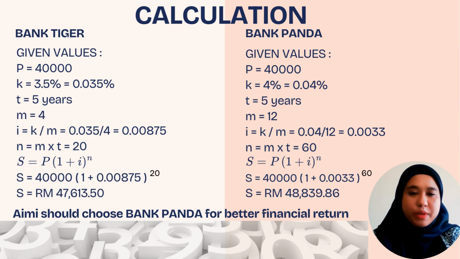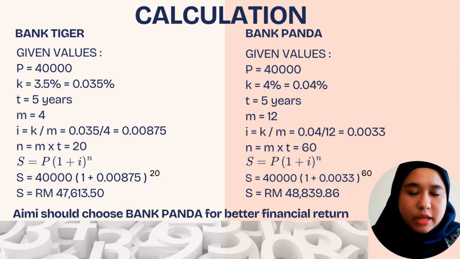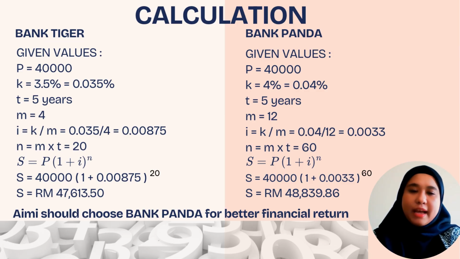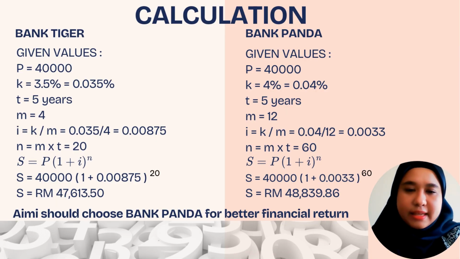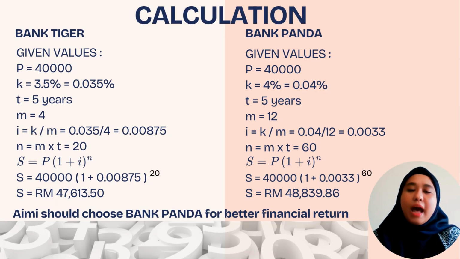S equals P(1 + i)^n. S equals 40,000(1 + 0.0033)^60. So the future value of Bank Panda is 40,839 ringgit 86 cent. So Amy should choose Bank Panda for better financial return.